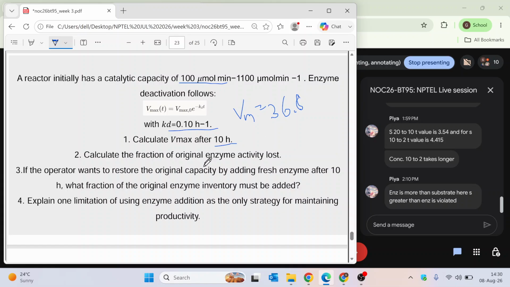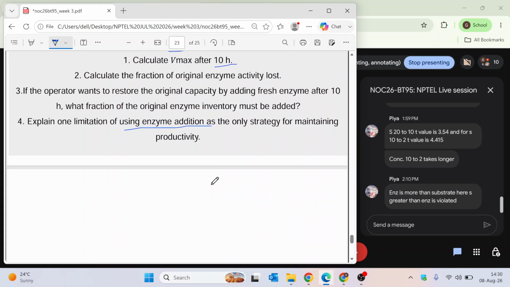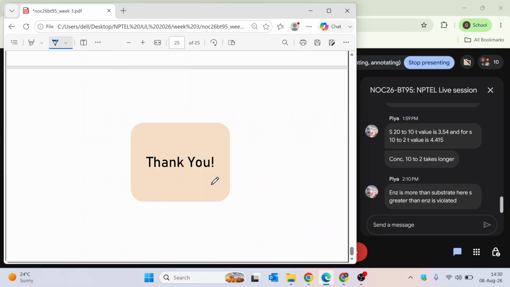That is one major limitation of using enzyme addition as a strategy for maintaining productivity. So here we see that there is going to be denaturation of enzyme, but in order to keep up the productivity, we propose that whenever it is denaturing, we will add more enzymes. But it will increase your cost, so obviously it makes no sense here. So you have to go for other strategies.